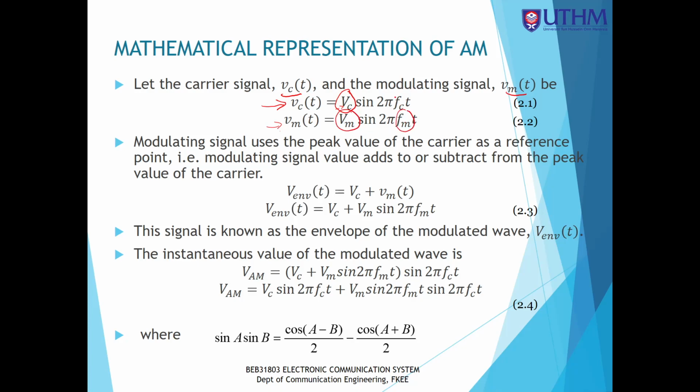And v_m(t) is equal to V_m sin(2π f_m t), where V_m is the peak amplitude and f_m is the frequency. In your lecture notes, we have simplified the input and the carrier as sine waves.